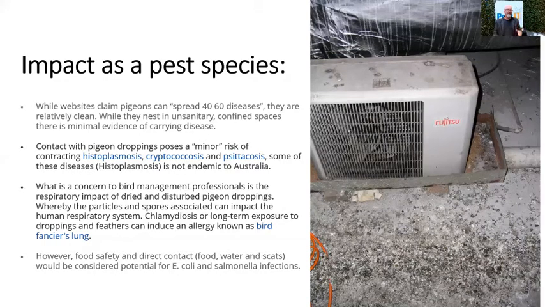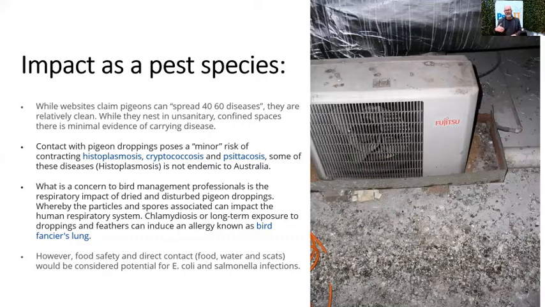But the interesting thing is where you'll find the impact to bird professionals. And so I guess the group of people that we have here, you'll have impacts with the respiratory system. So it's the particles of dried droppings that are disturbed, the spores and the fungus within that. There's impacts to the lungs, be it chlamydiosis, or another version, or an allergy known as pigeon fanciers or bird fanciers lung.